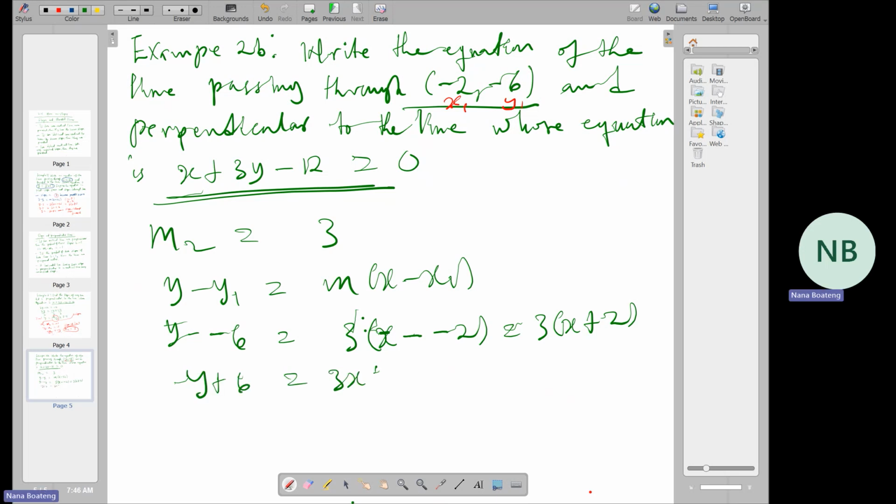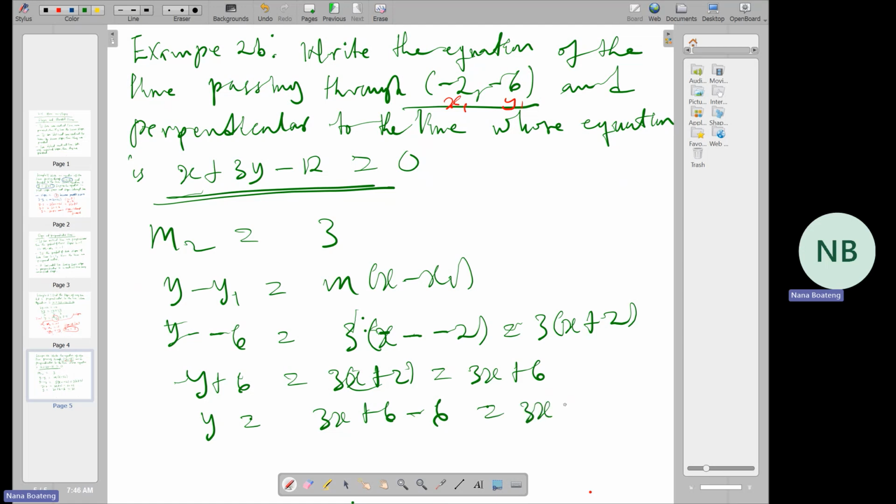All right, so we can now multiply 3 through the parentheses, which gives us 3x plus 6. So y is equal to 3x plus 6 minus 6, which equals 3x.